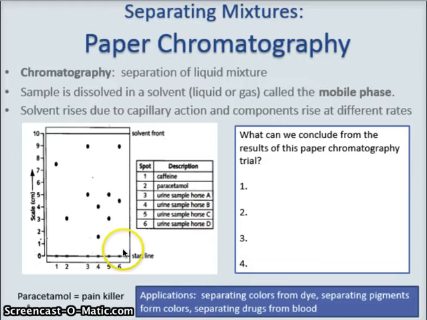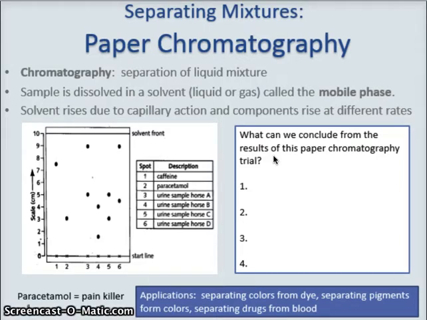Okay, so what can you conclude from the results of the paper chromatography trial? We could conclude that horse C has paracetamol, that no horse was exposed to caffeine. We could conclude that the liquids were separated, and so on.